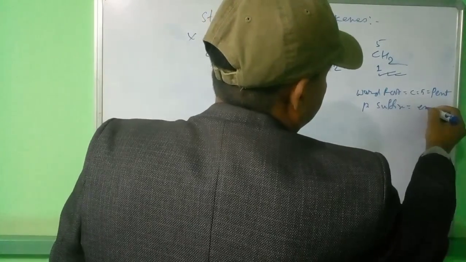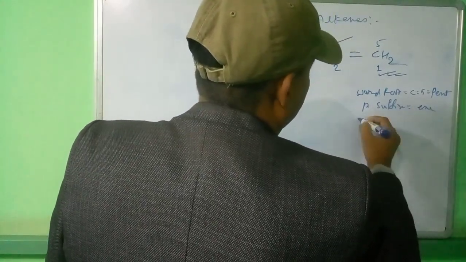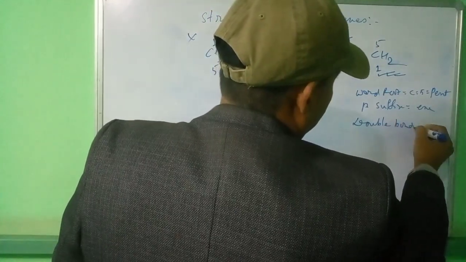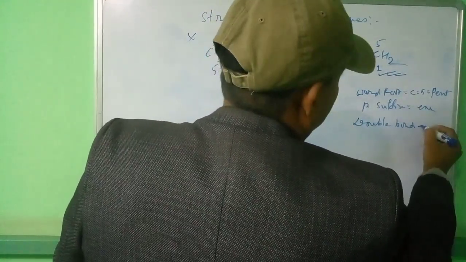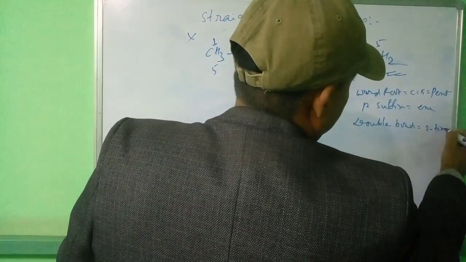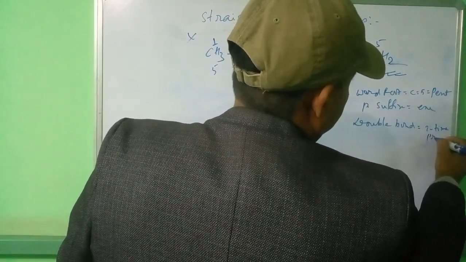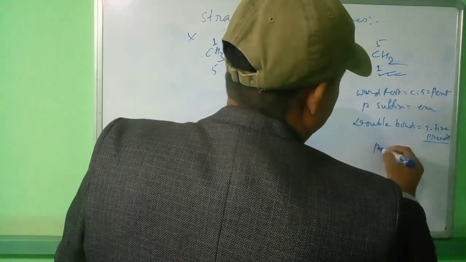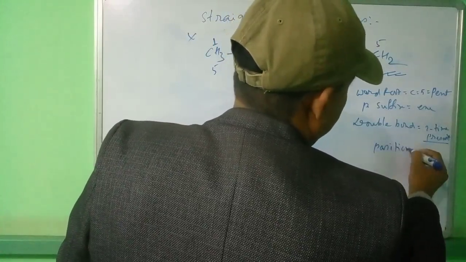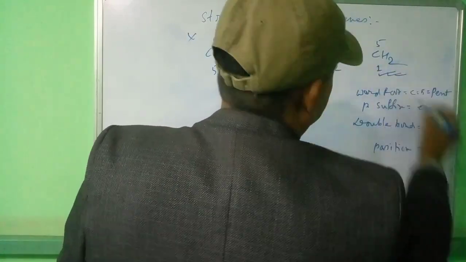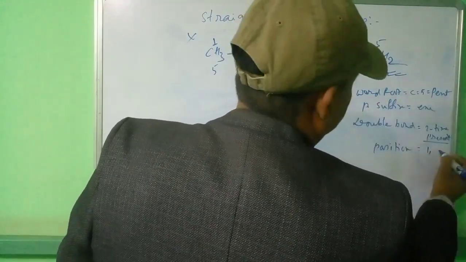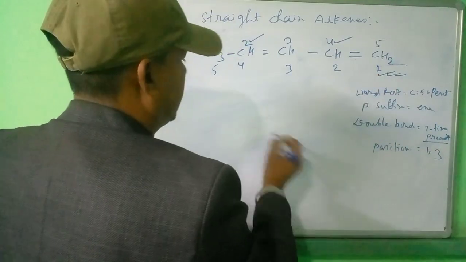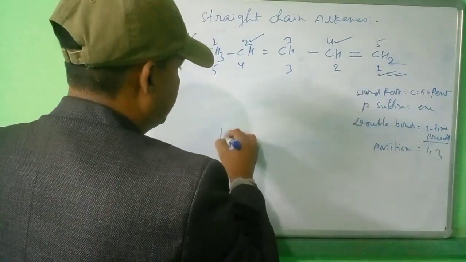Primary suffix: ene. Double bond, how many times? 2 times present. Position is where? Position is 1 and 3. Okay. First and third. Now the word root is pent.